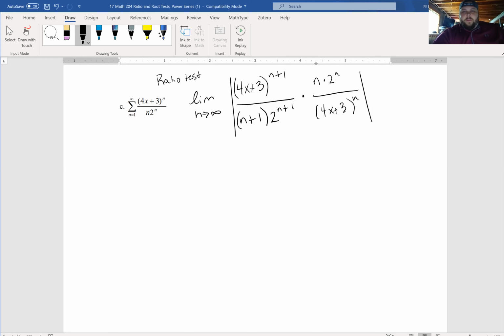And the whole point of this is to make sure that this converges. So I have to say that this has to be less than 1. Right? By the ratio test, this whole thing has to be less than 1 in order for convergence.